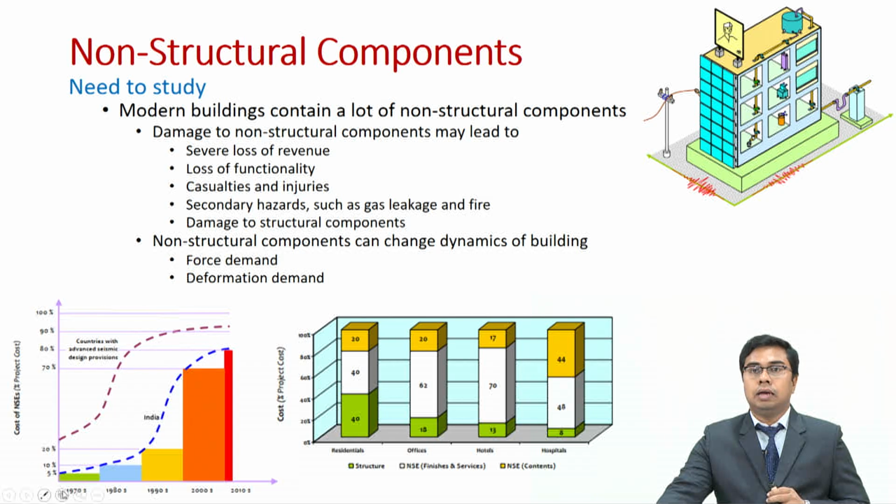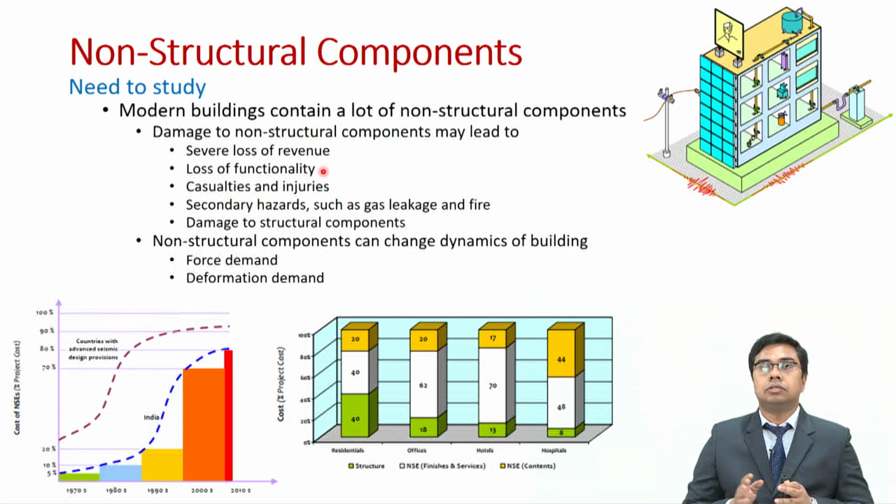Further, as we have moved in time, the cost of non-structural components of a building has risen, and damage to these components may lead to severe loss of revenue, because there is a lot of cost involved. The functionality of the building is also lost.